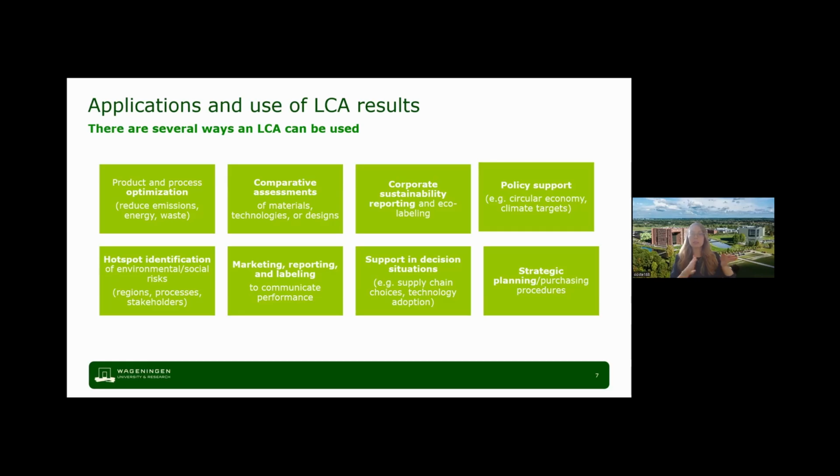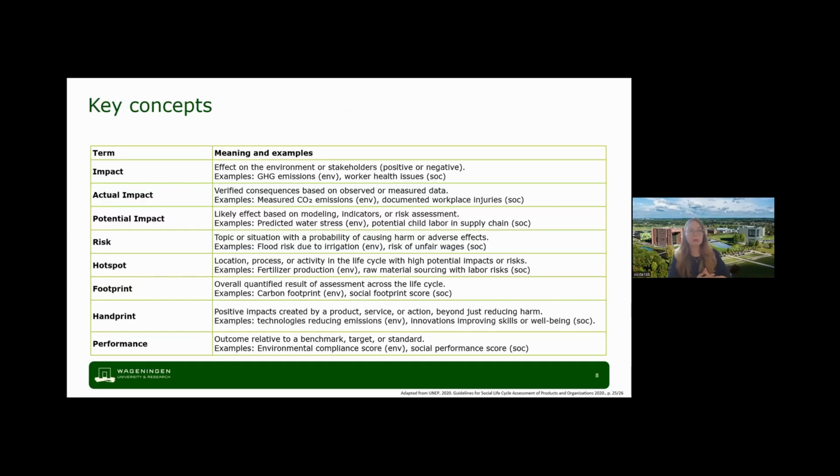So you can classify and communicate to consumers about the impact. It can be used for reporting requirements, for policy support, and also for marketing, and as I said already, for support in decisions. So that is in a nutshell what you can use it for.